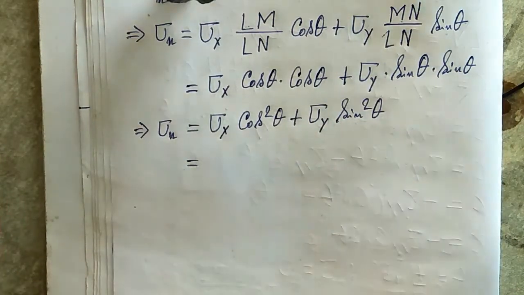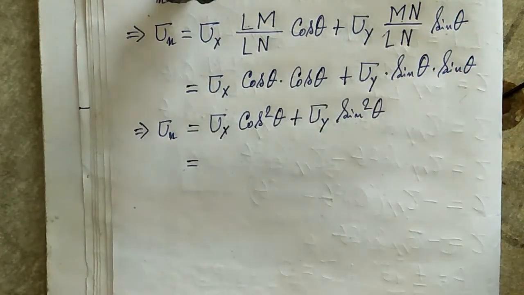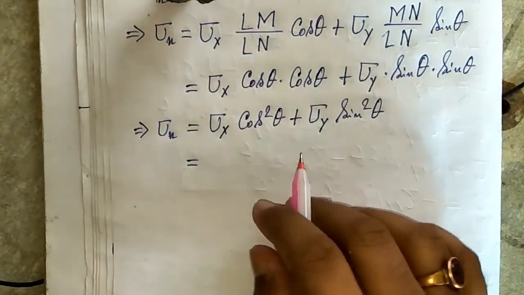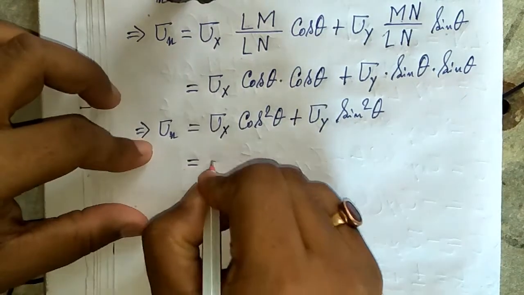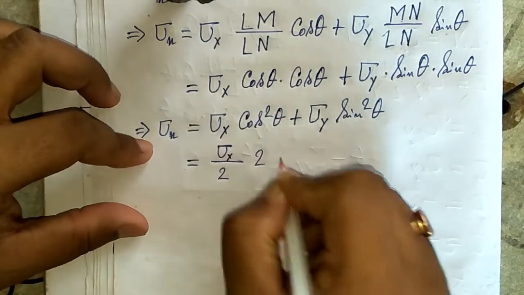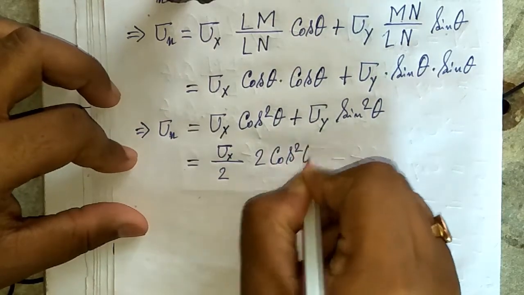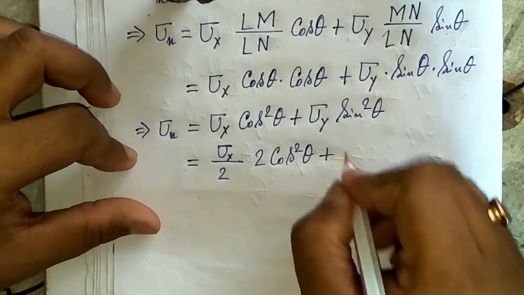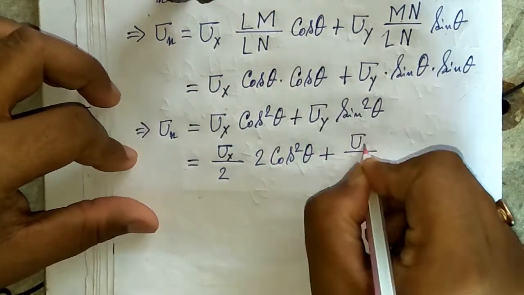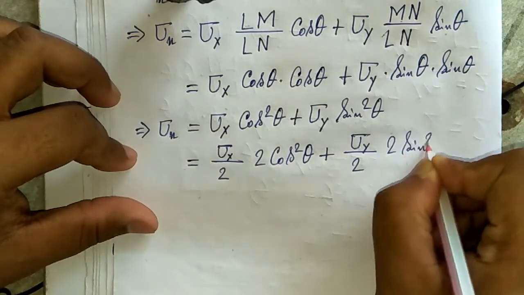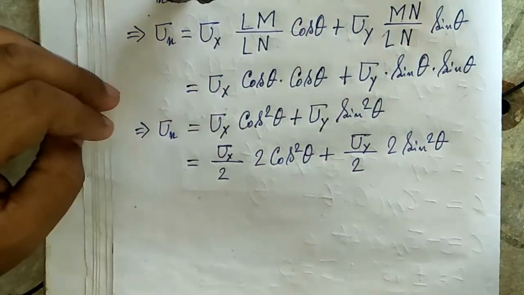Now we are going to multiply 2 in the numerator and denominator in these two terms. So let's write sigma x by 2 into 2 cos square theta, plus sigma y by 2 into 2 sin square theta.